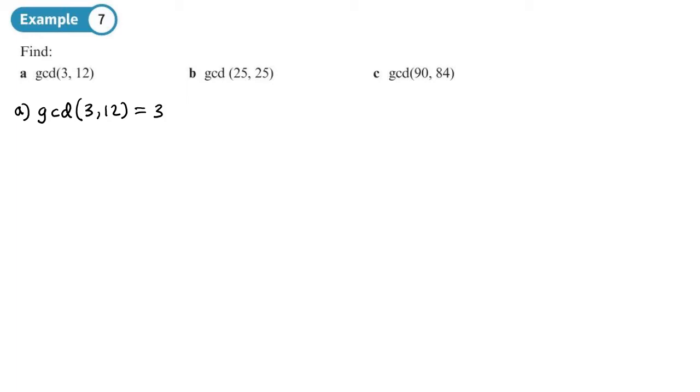If I were to list the factors of 3 and factors of 12, I can see that the greatest common divisor is 3. Okay, B, greatest common divisor of 25 and 25.